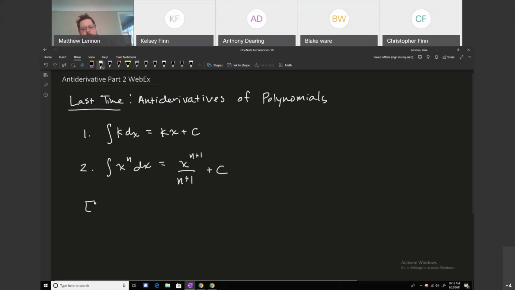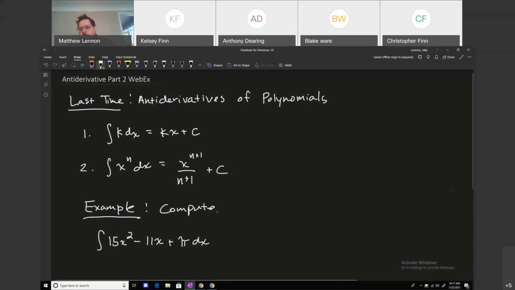So let's just compute an example. The antiderivative of 15x squared minus 11x plus pi, let's say.